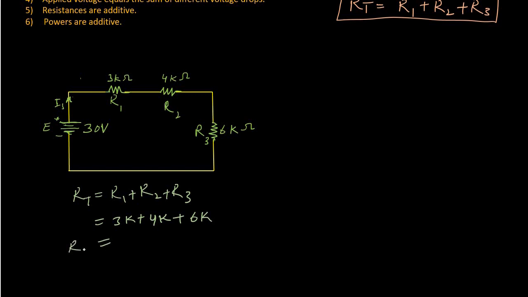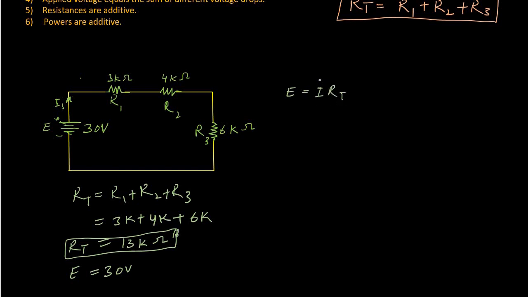So the equivalent resistance of this network is equal to 13 kilo ohms. And the voltage across this DC voltage source is 30 volts. Now according to Ohm's law, E is equal to I into RT.